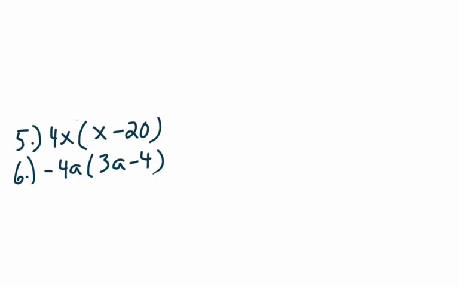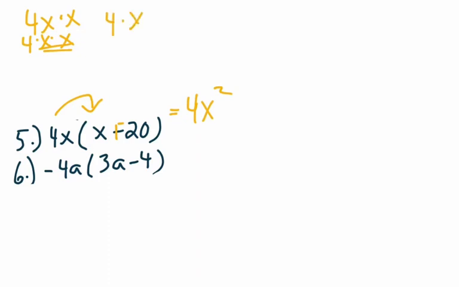All right, for number 5, we're going to distribute the 4x. So that's going to be 4x times x. Now just remember, this is just 4 times x, and we know that x times x is x to the second power. So that's going to be 4x to the second power. Remember, this right here is plus a negative. So you have 4 times x times negative 20.